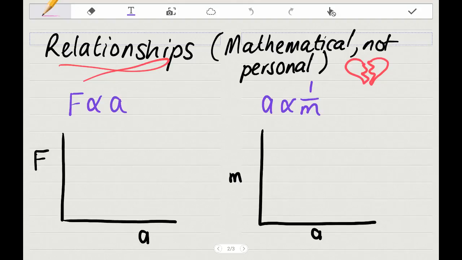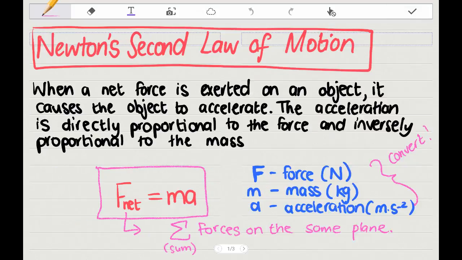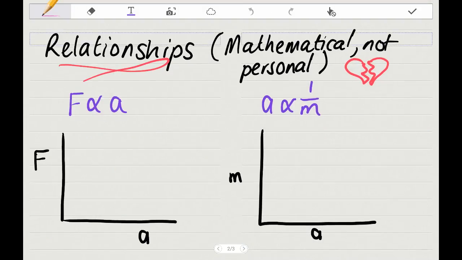So what we have is two relationships defined in Newton's second law. The first one being that acceleration is directly proportional to the force. Okay, so that relationship here is a direct relationship.